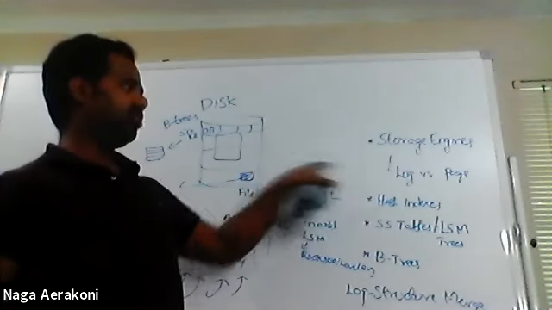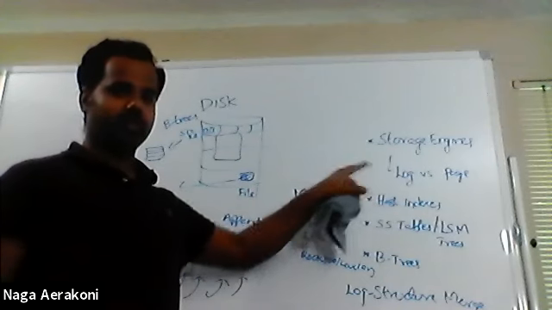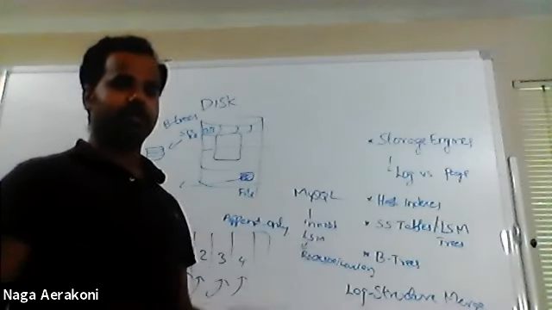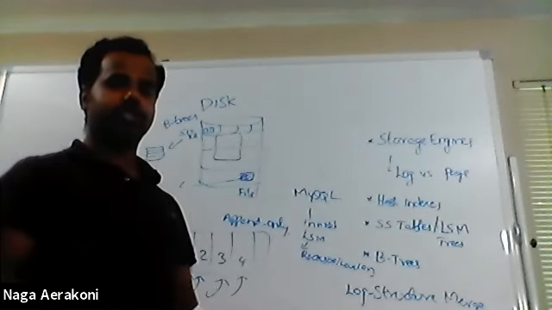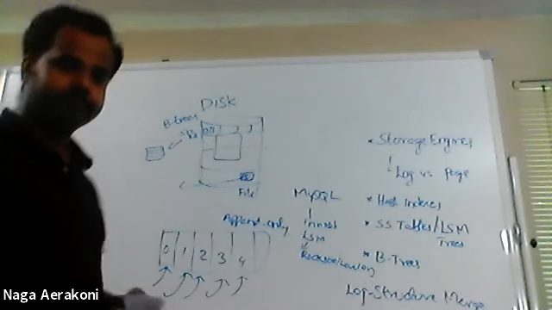So first, I just wanted to give an overview of what log versus page structured storage engines mean. So Naga, this storage engine will only take care of partitioning the memory, so as to acquire the memory for page or for the log.